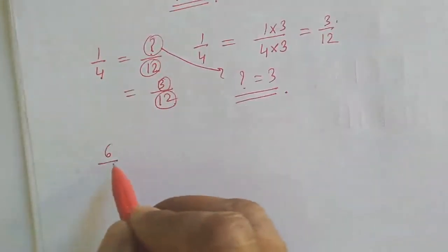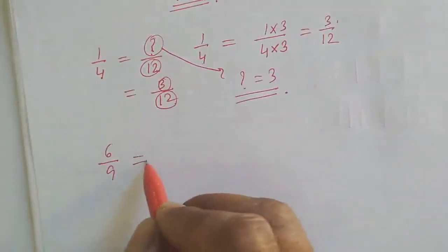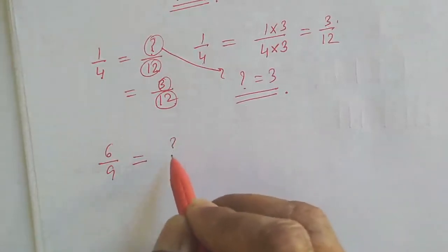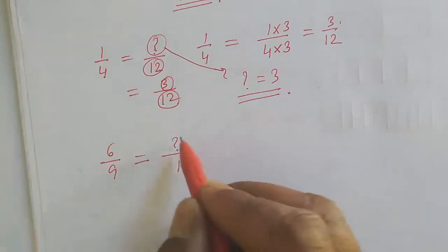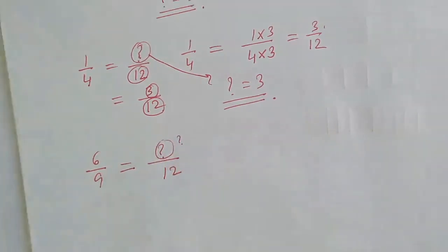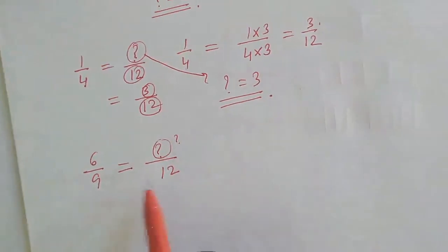Now see one more example. Suppose that this is 6 by 9 and we are writing it like this, something upon 12. So what is this something? You have to find out. Now we have to convert this 9 into this 12.